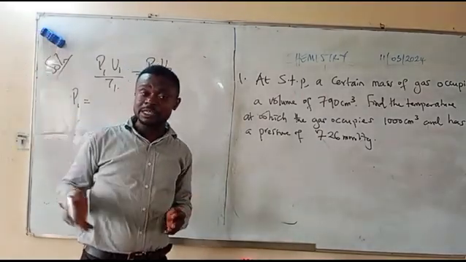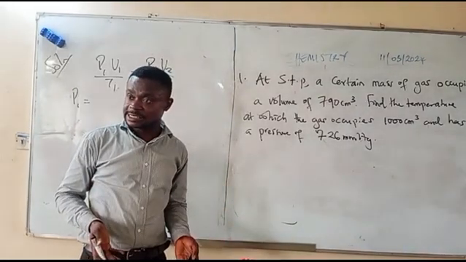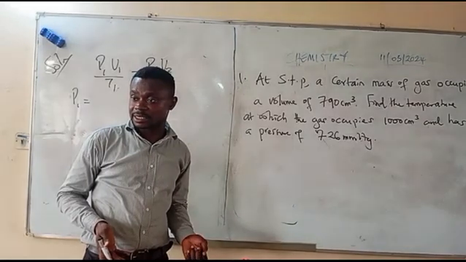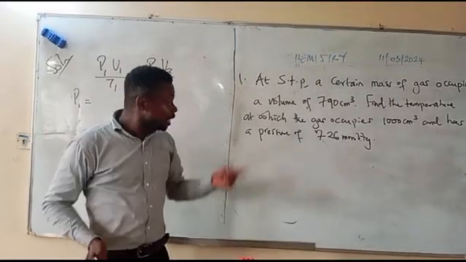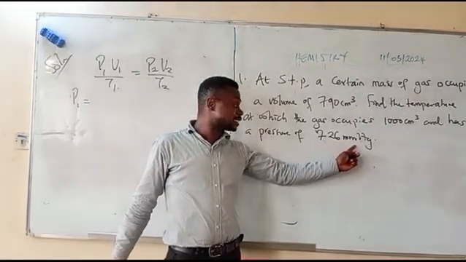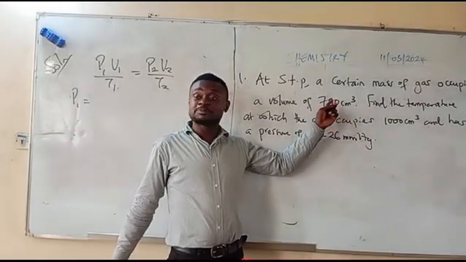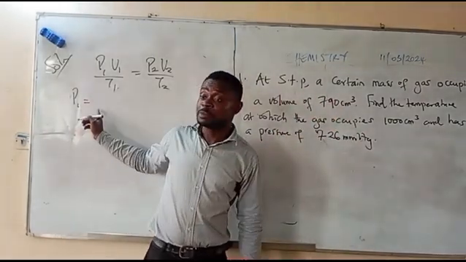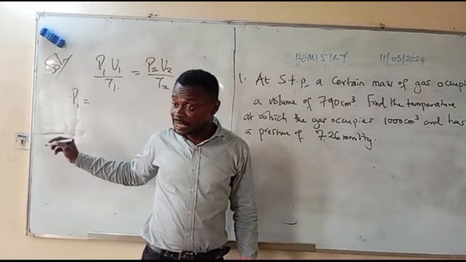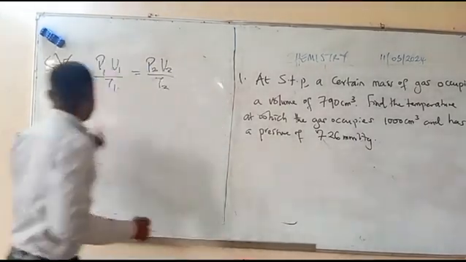In millimeter of mercury, it is 760. Let's assume that this question used pressure that has the unit Newton per meter square. The standard pressure you use here will not be in millimeter of mercury. It will be in Newton per meter square, which is 1.01 times 10⁵ Newton per meter square. Are we together? Now, so here, P1 is what?